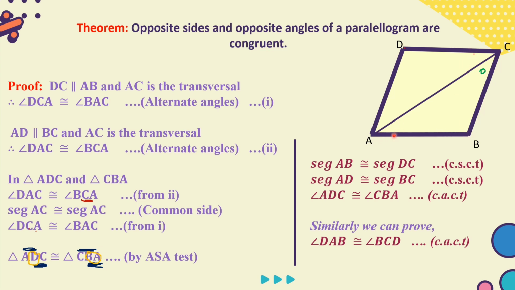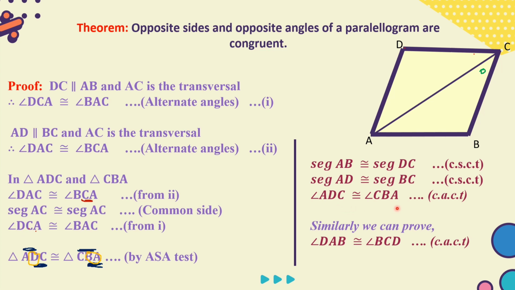In triangle ADC and triangle CBA, with the help of alternate angles, we showed that angle C is congruent to angle A, and by taking AD parallel to BC, we showed DAC is congruent to ACB. Now in these two triangles, we got two angles and one side. One side is AC, which is a common side. So if two triangles are congruent, all the corresponding sides and angles are congruent. Therefore, by corresponding sides of congruent triangles, AB is congruent to DC and AD is congruent to BC.